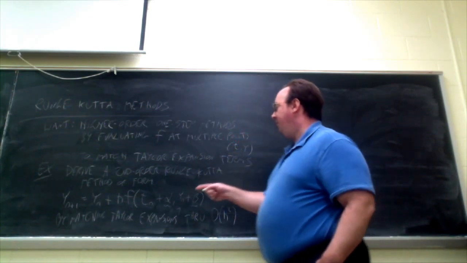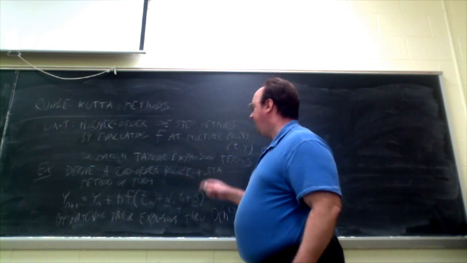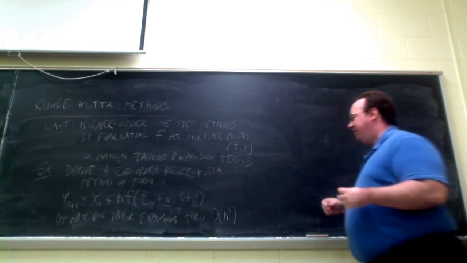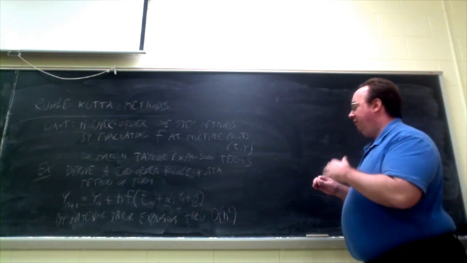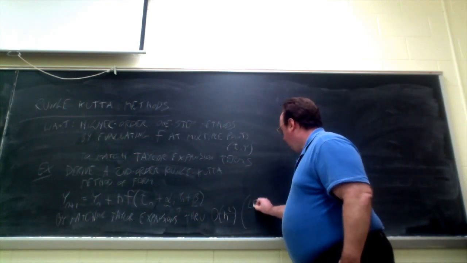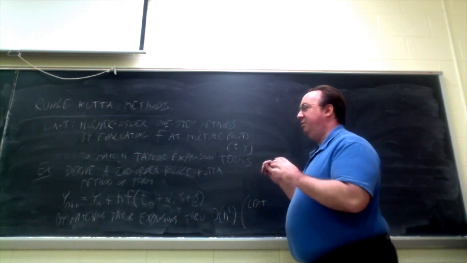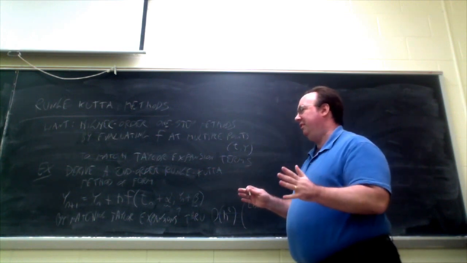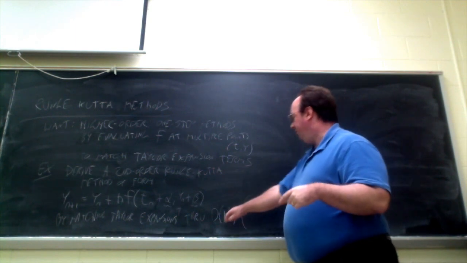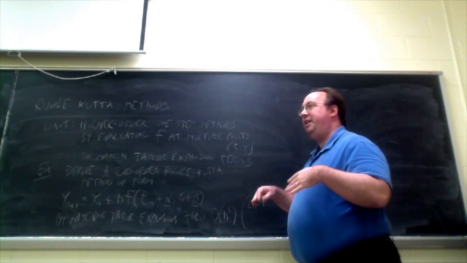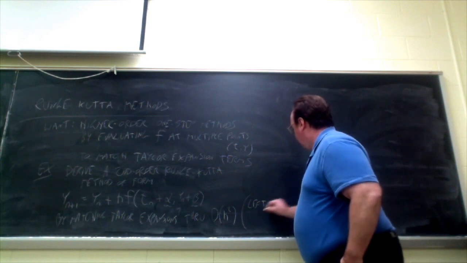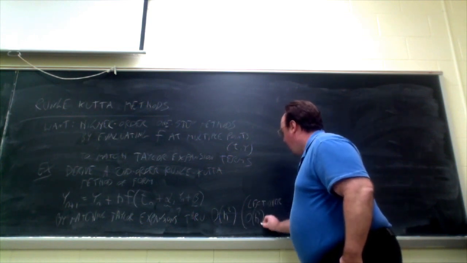Here we see an order h factor, but when we take a Taylor expansion, we get terms of higher order in h to match against. If we make sure that all terms up to order h squared agree, then whatever's left over that we don't match is order h cubed and above.